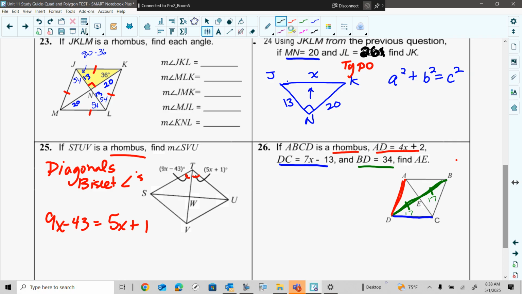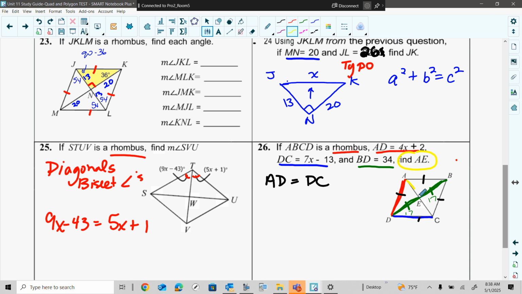All right, in a rhombus, all the sides are congruent. So the first thing I'm going to do is use my congruent sides, my AD equals DC. Find the x and plug it in to figure out the side measure. They want you to find AE.